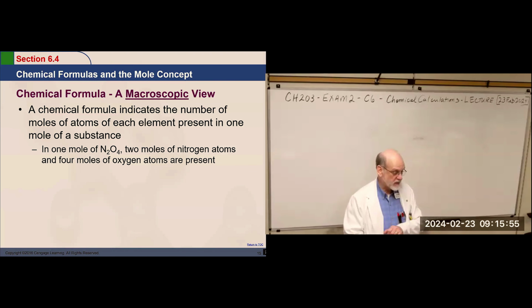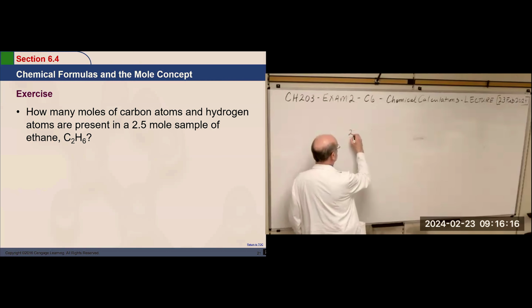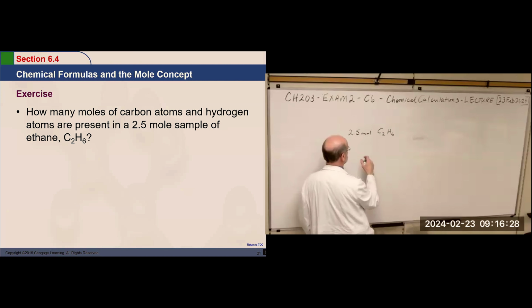How many moles of carbon atoms and hydrogen atoms are present in the 2.5 mole sample of C2H6? Okay, this is what I was getting at before. 2.5 moles of C2H6, and it wants to know moles of carbon and moles of hydrogen. That's too easy.